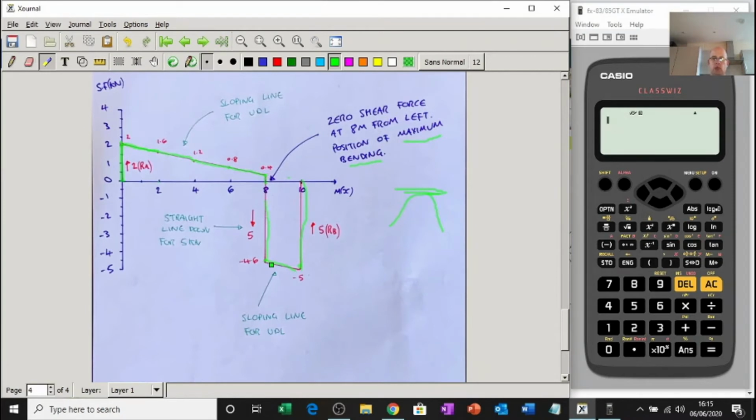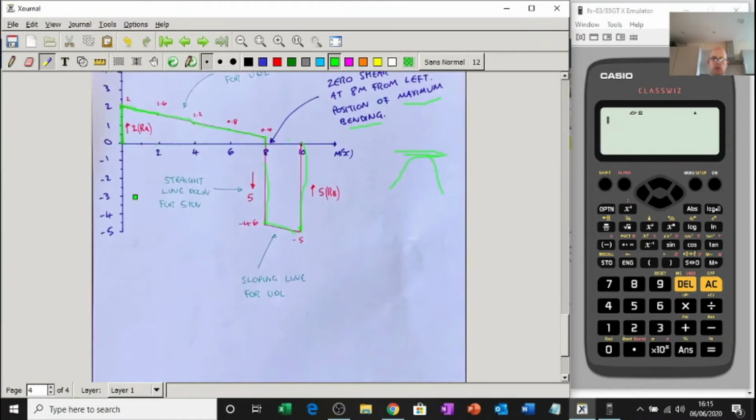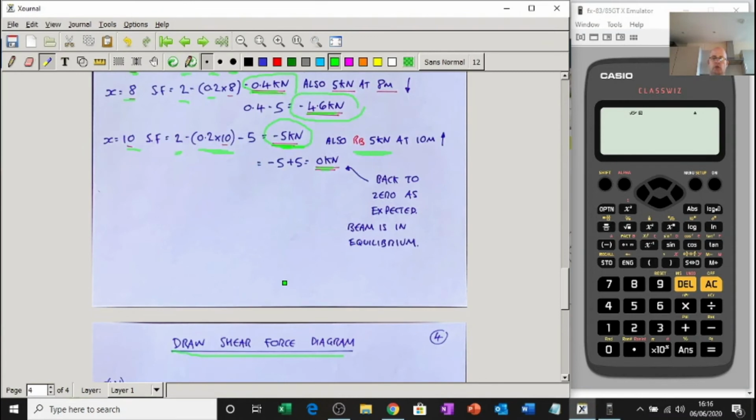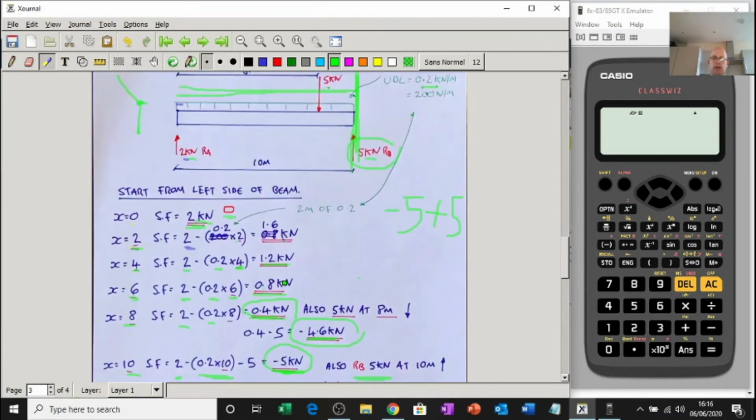The UDL is sloping down like that, and then up comes my reaction of 5. So don't forget, point loads are straight lines up or down, and UDLs are sloping lines. If you're quite confident, you could have plotted that point and that point and just drawn a straight line. Obviously, the more points you do, the more accurate you are.